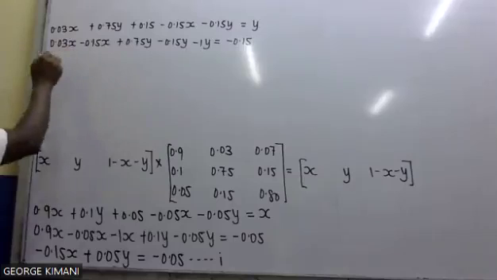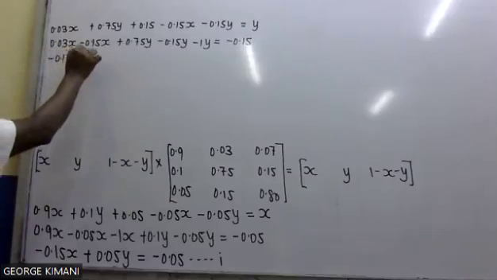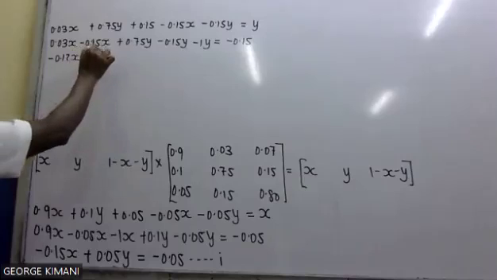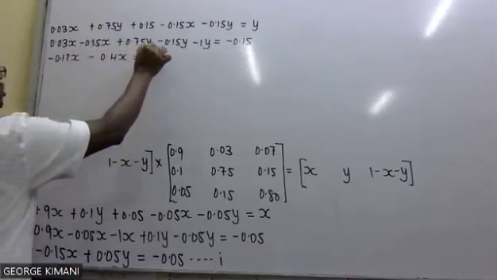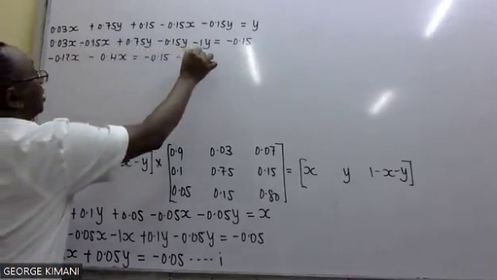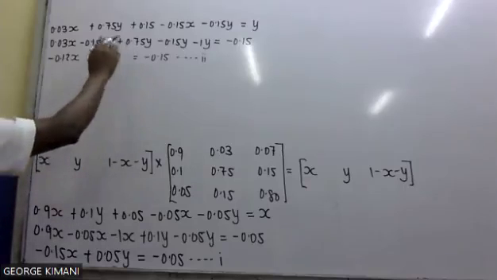So this one becomes what? Minus 0.12x, then minus 0.4y is equal to minus 0.15, and you call it what? Equation 2.